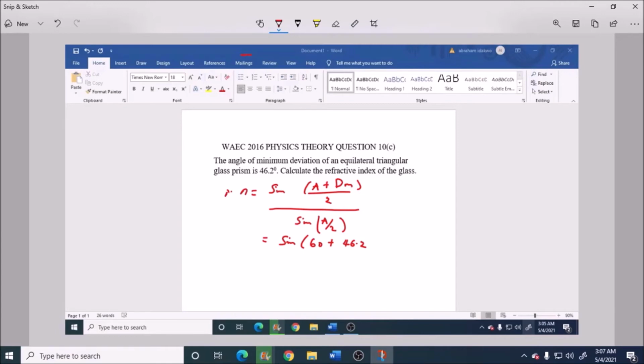This will result in sine 53.1 over sine 30 degrees. This will result in 1.6. So the refractive index of the glass is 1.6.